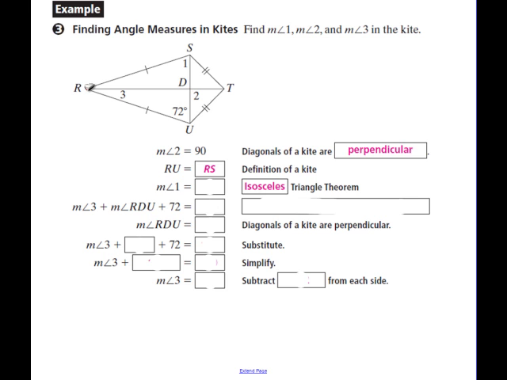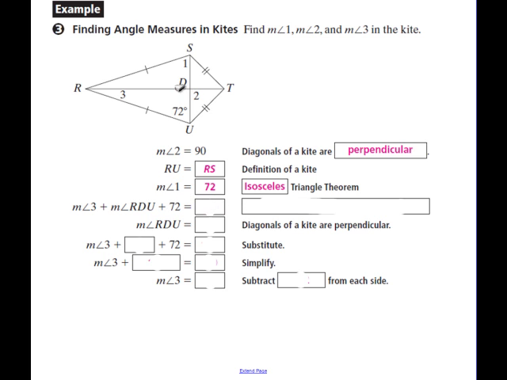This big triangle here, RSU, would be an isosceles triangle. Just as we mentioned on the previous example, if we have an isosceles triangle, the base angles are going to be congruent. So if this angle here is 72, we also know that angle 1 will be equal to 72, just by looking at the fact that this is an isosceles triangle.